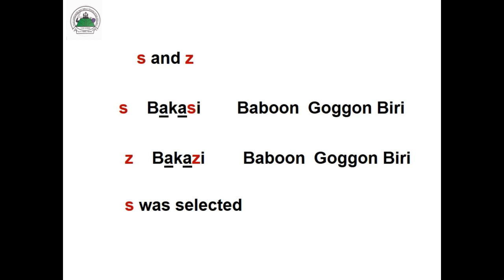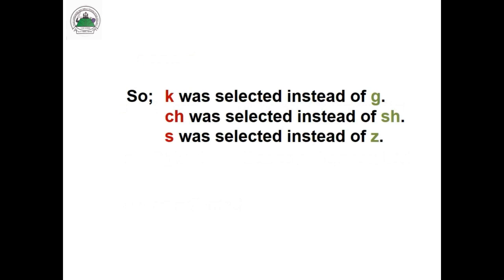So wherever you hear a sound that is somehow similar, the one that we often use is the one that was selected, which is the s sound, and it forms our consonant. So among these three pairs of consonants that sound similar, the ones that are colored red are the ones that were selected and we are using in our orthography and in our alphabet. While the ones that are colored green, we don't use, so we don't have them in our consonants.